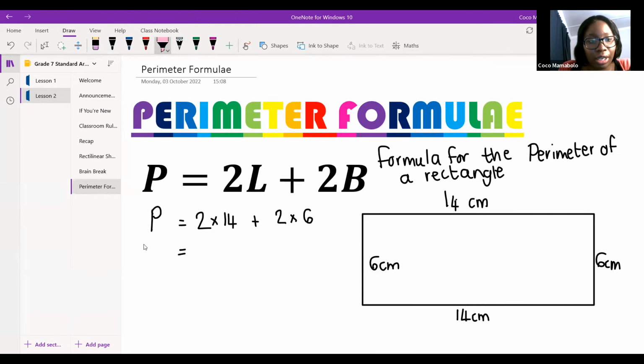Thank you for that, Teacher Cat. Plus in the middle. So now we go 2 times 14 is 28, plus 2 times 6 is 12. And then we're going to take 28 and 12 and add them together. Therefore, P is going to equal 40.